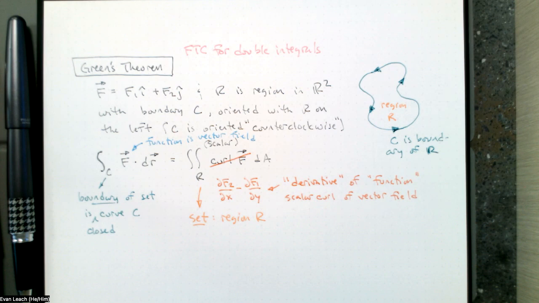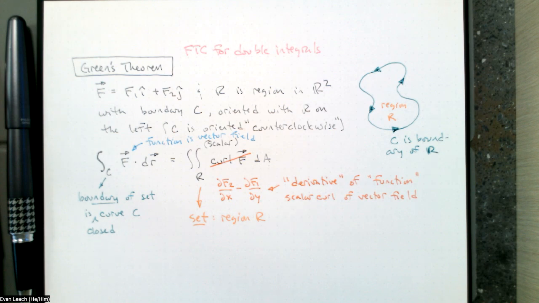So Green's theorem we want to think of as our fundamental theorem of calculus for double integrals. Let's think about this in the context of our fundamental theorem of calculus for line integrals, because Green's theorem does in fact involve a line integral.